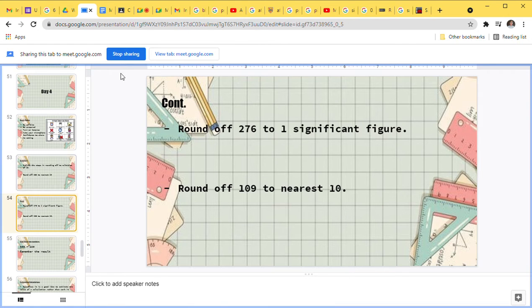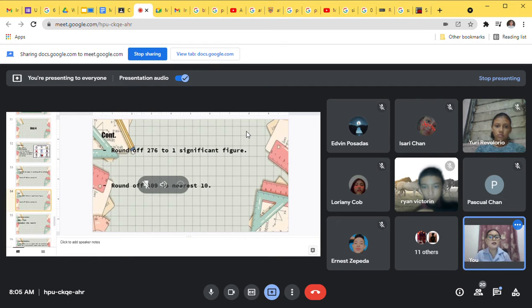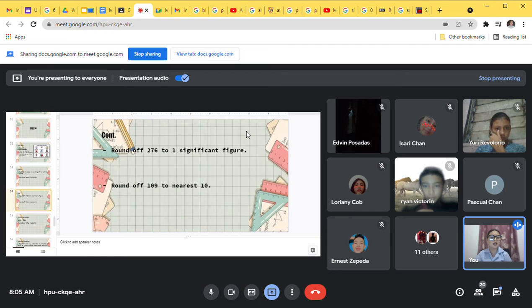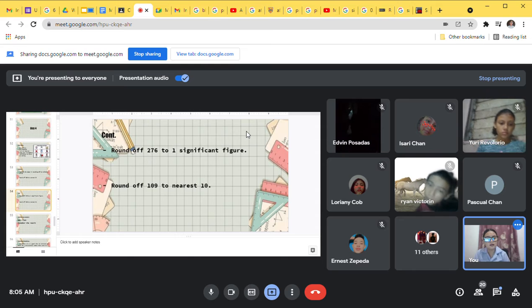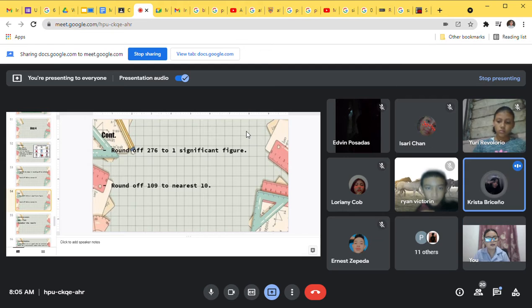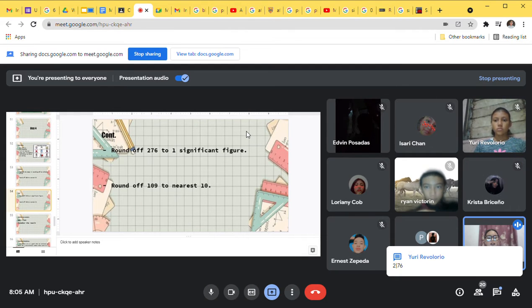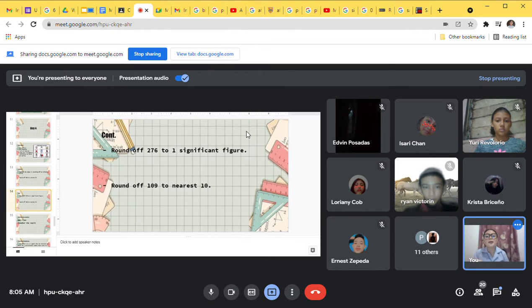Now, yesterday we covered significant figures, so this will be easy for you. Round off 276 to one significant figure. Where do we start counting our significant figures? From where do we start counting? From left, right? Very good. We start counting from left to right. So, our first significant figure will be 2, right?